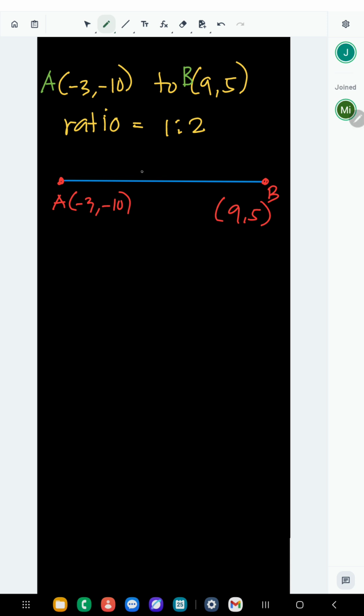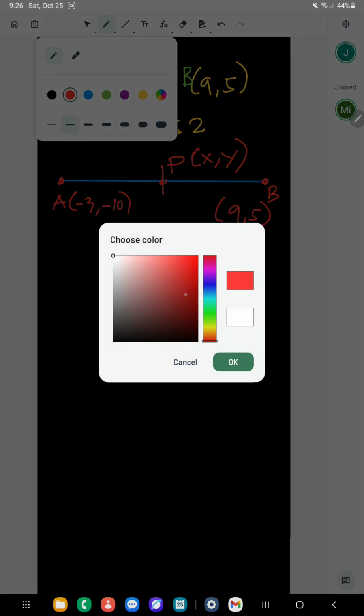The point P could be somewhere here, but we don't know, but we're given the ratio. So we need to find the x and y coordinates of P.